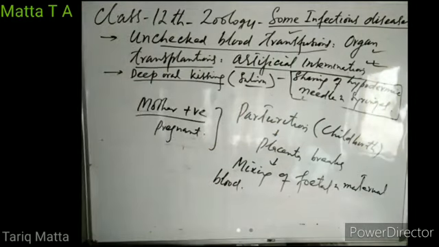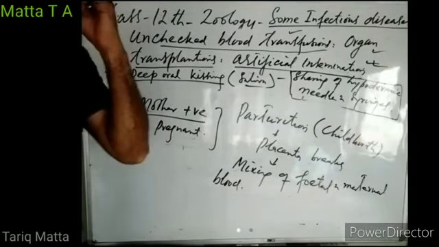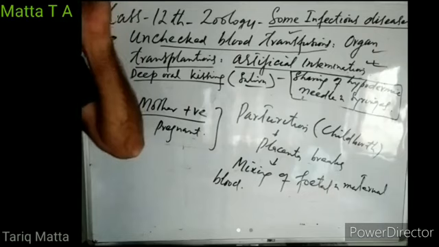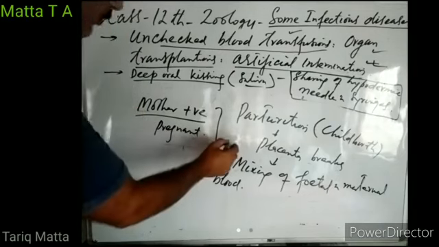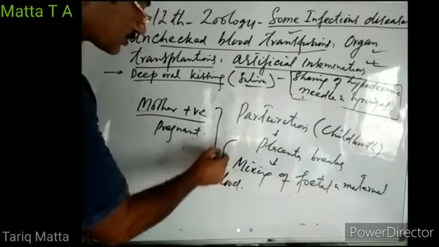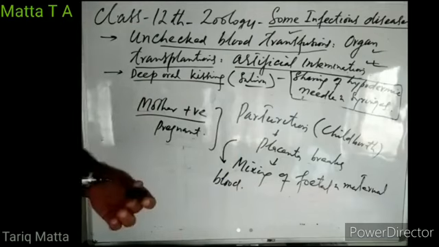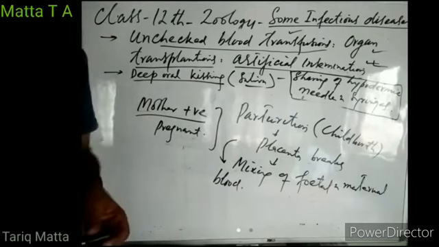So at this time, when the maternal blood mixes with the fetal blood, the virus is transmitted from the mother's blood to fetal blood, and the fetus may become infected.